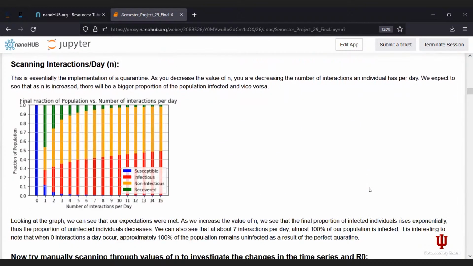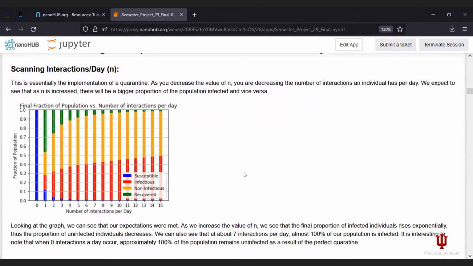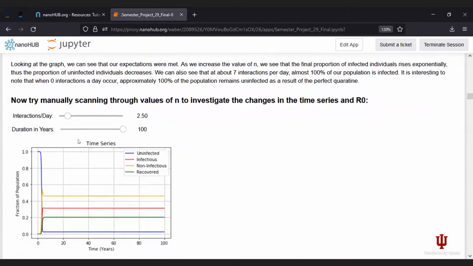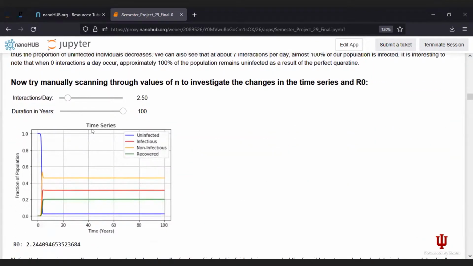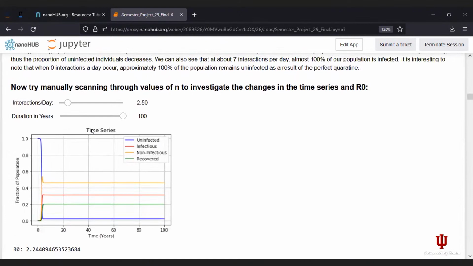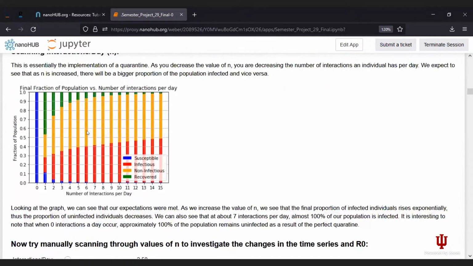So one of the first scans they have is number of interactions per day. As you would expect, you have a lot more cases overall. And it's just useful to have some quantitative data in that regard. You then get to scan through the same parameter they just showed.